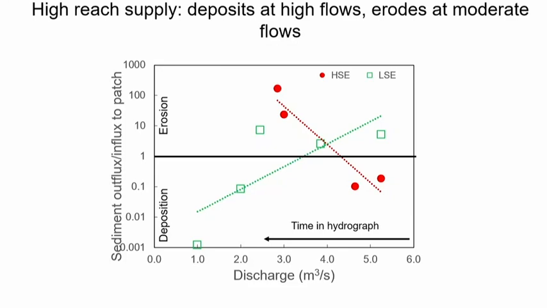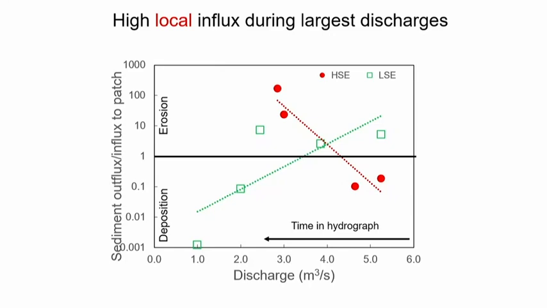Well, there's complexity in what's going on in the morphology. So we have high supply at the largest discharges. Remembering time is over here, it's starting at 6. So at our largest discharges, there's tons of sediment being imported into that patch. It's allowing it to deposit sediment because it's not outfluxing that amount of sediment.